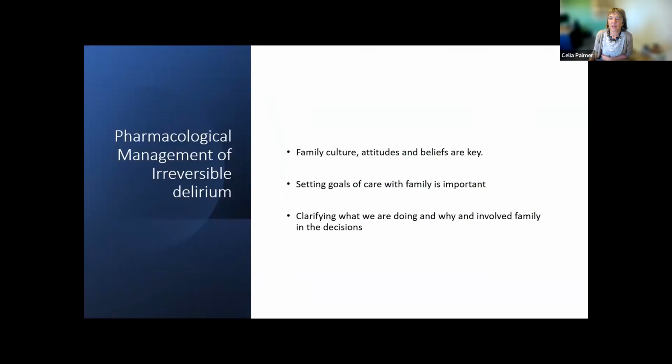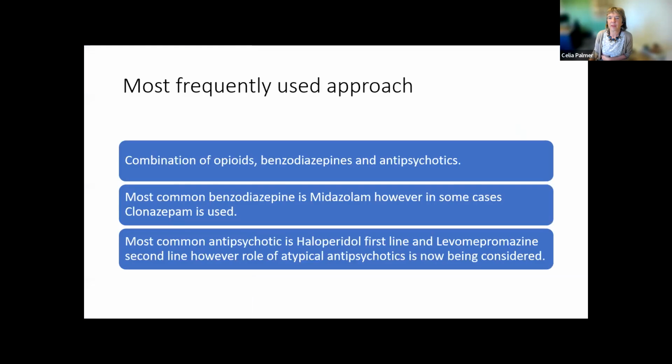So effectively what we had in that situation was irreversible delirium. And obviously for us in these situations, how we manage that is also negotiation, because some families have different cultural attitudes and beliefs, especially around drugs and medication. So usually clarifying what we're doing and why, and involving family in the decisions is really important at this time.